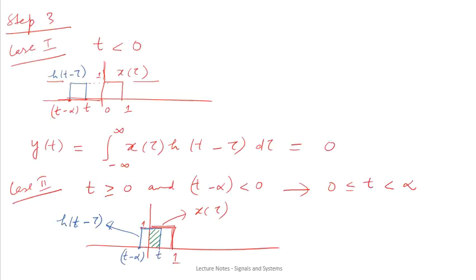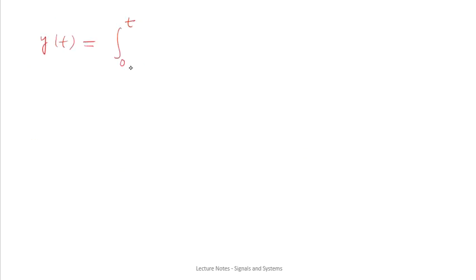So you can simply calculate the convolution for these two, because the overlapping period is from 0 to t, so that is why the limit will be from 0 to t. Amplitude is 1 for both signals. Okay, d tau, so that will be equal to t if t is in between 0 and alpha.